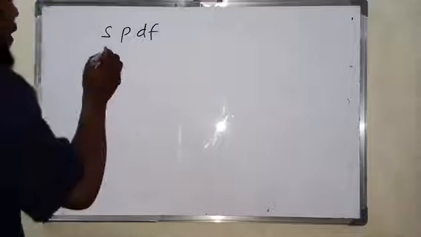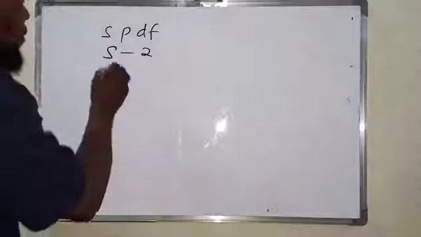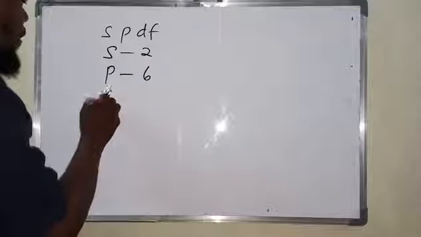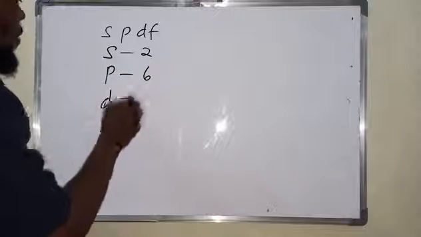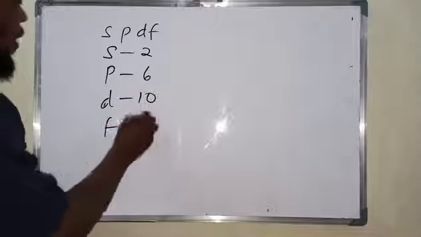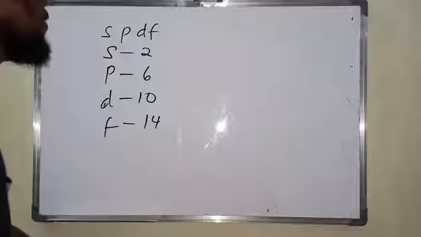In an s orbital, we can have a maximum of two electrons. In a p orbital, a maximum of six electrons. In a d orbital, a maximum of 10. Then in an f orbital, a maximum of 14 electrons.